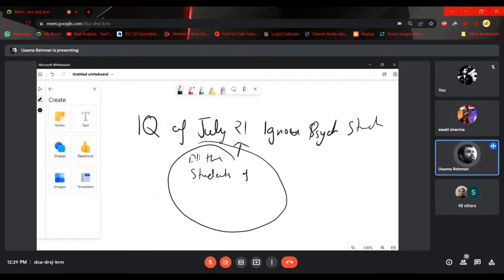We are trying to understand what is population and what is sample. Let's say we have to study a particular problem. We have to explore the IQ of all the students of the July 21 batch of MA psychology. So can you tell me how many students would be there in the MA psychology July 21 batch?